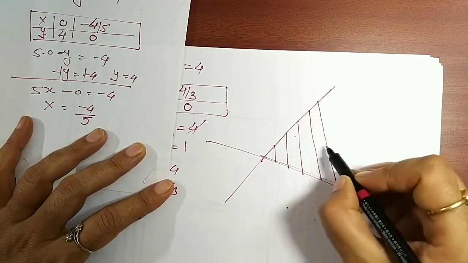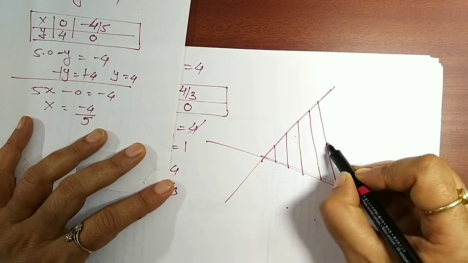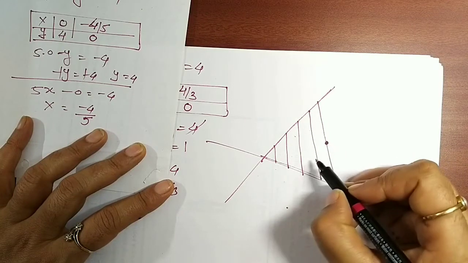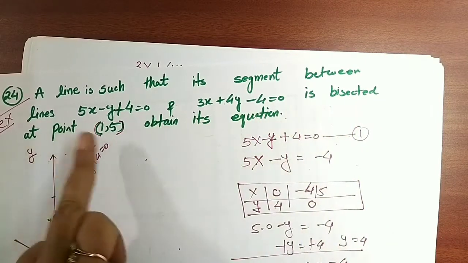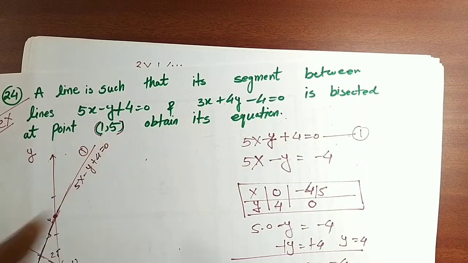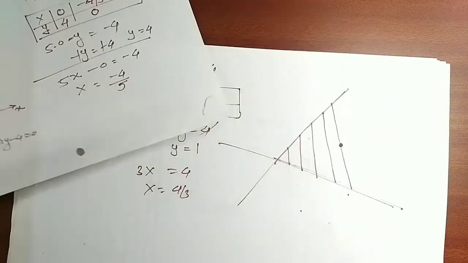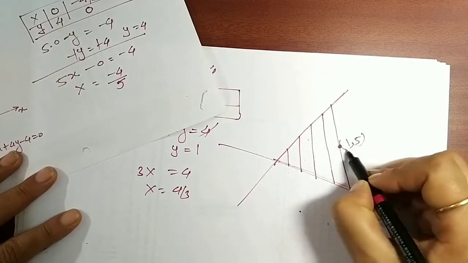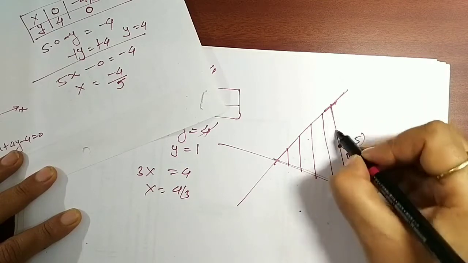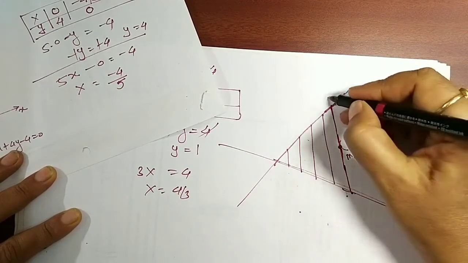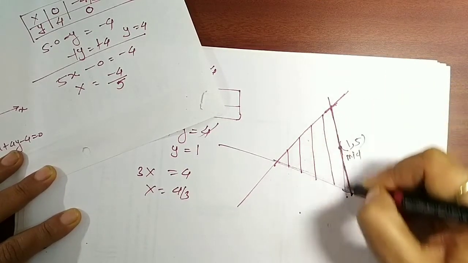There can be thousands of line segments between these 2 lines. Out of them, we have to take the one for which the midpoint is, as they are saying, that the segment is bisected at this point. Obtain the equation of the line. So that it is bisected at 1 comma 5 means that is the midpoint of this segment, and find out the equation of this line.